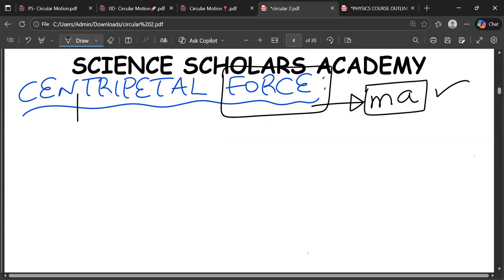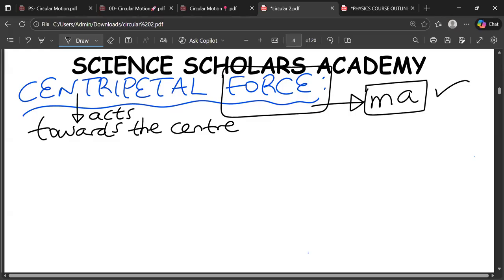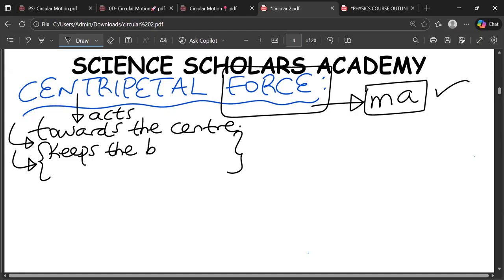Then by centripetal, we simply mean that force that is trying to act towards the center. And by acting towards the center, I told you that means keeping something in circular motion. It keeps the body in a circular path.